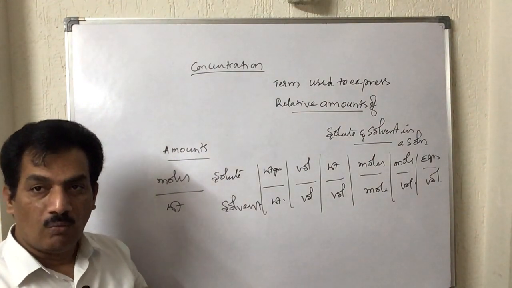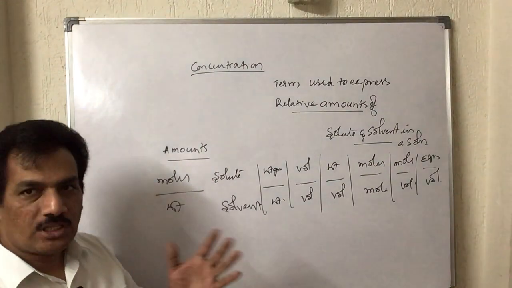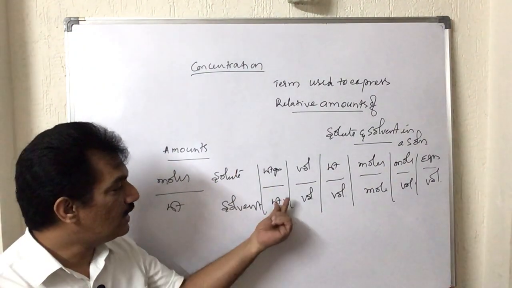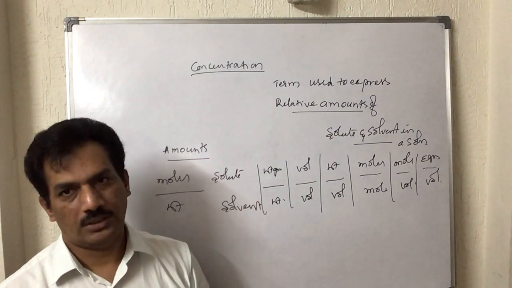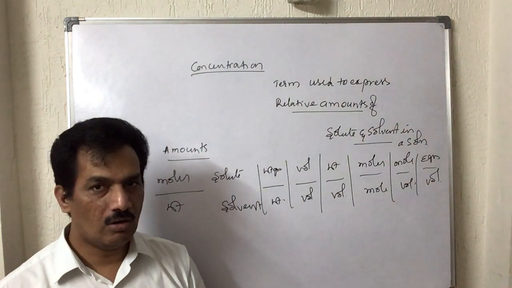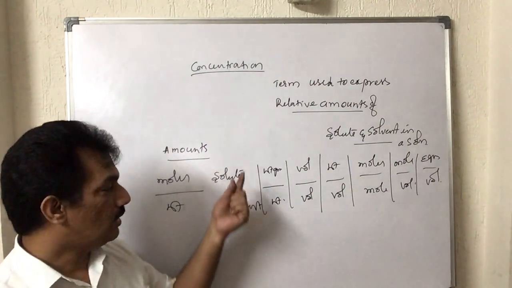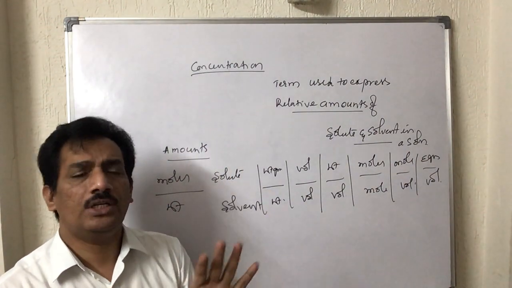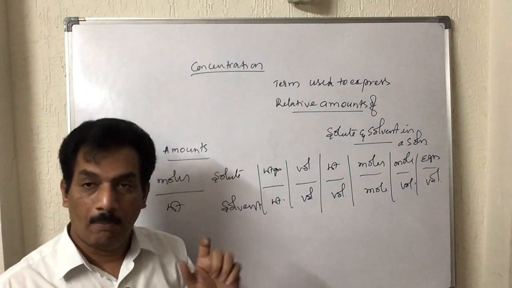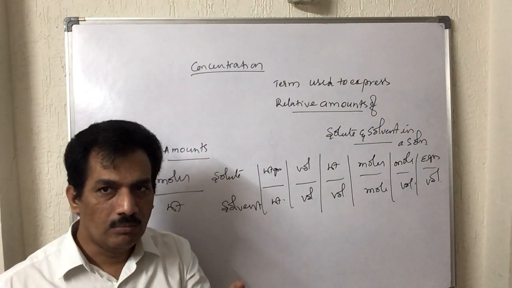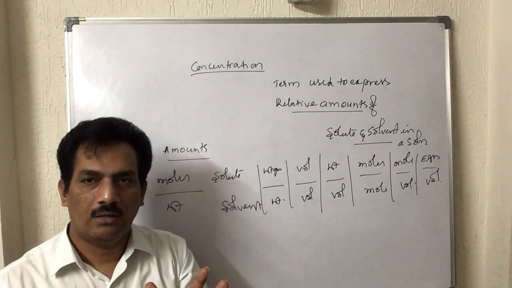And now we are going to give a special term for these different expressions. The term is nothing but concentration term. Are you following all this? Concentration is a common word, but the concentration term is different. Why?